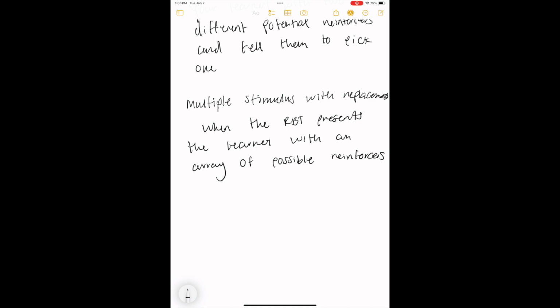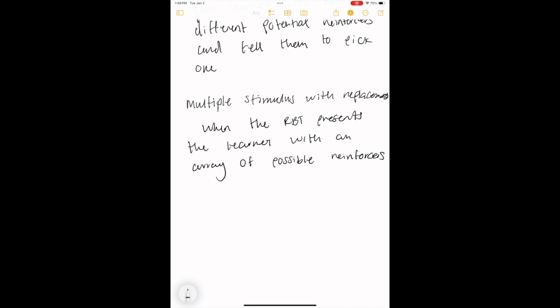So the one that they pick from the array is going to stay in the array, and the ones that they didn't pick are going to be replaced. So that's a lot of words again.